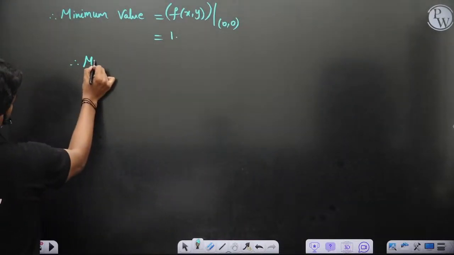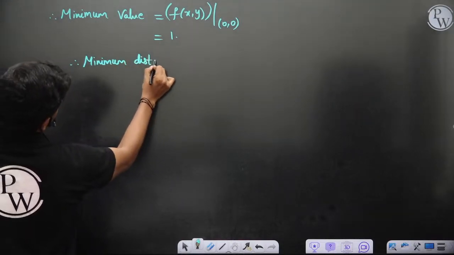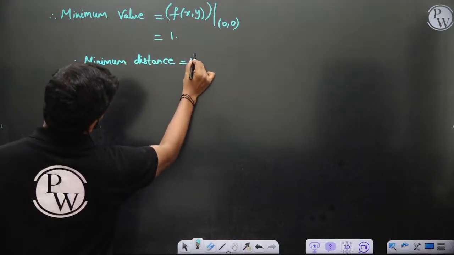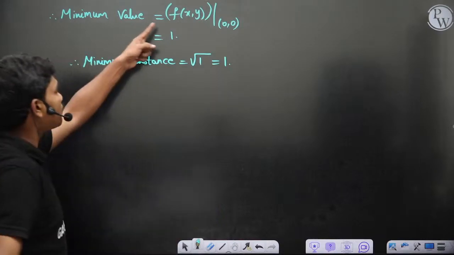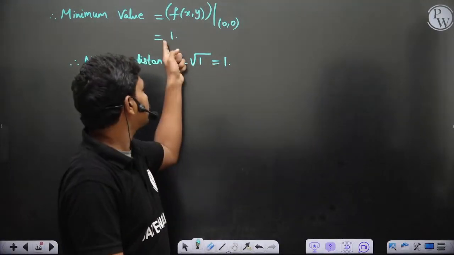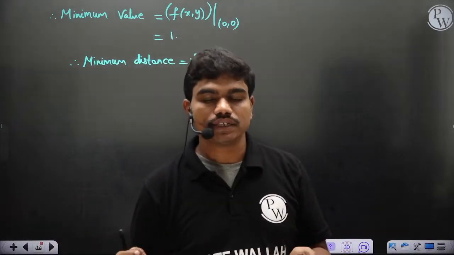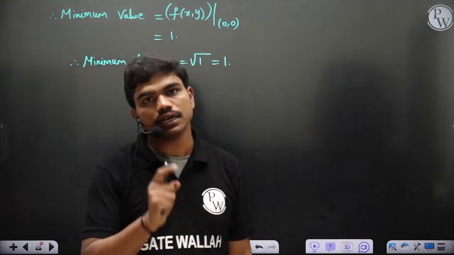Therefore minimum distance is equal to square root of 1, which is 1, because this is the minimum value of AP square, not AP. So that's why the minimum distance is square root of this value, which is of course 1 in this case, because distance is always positive. So the minimum distance from origin to the point on this curve is 1 actually.